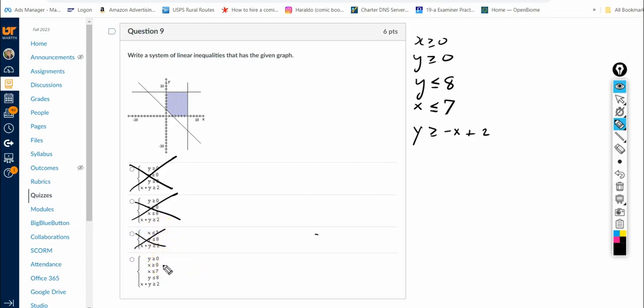So it should be the last one. So x is greater than or equal to 0, y is greater than or equal to 0, x is less than or equal to 7, y is less than or equal to 8, and then, oh, okay, if I add x to both sides of this, it does not change the arrow. Okay, so it's going to be that last one there.